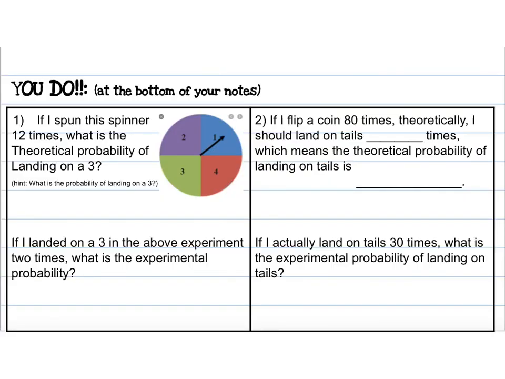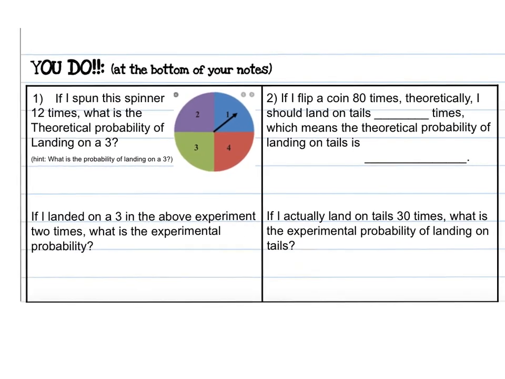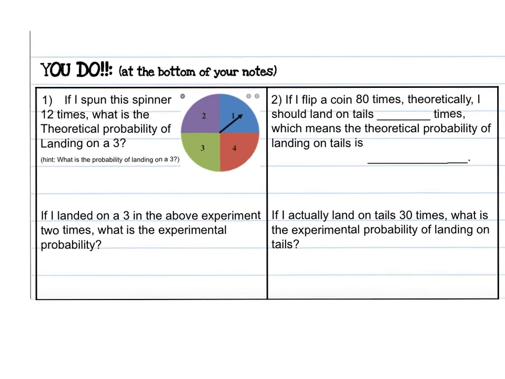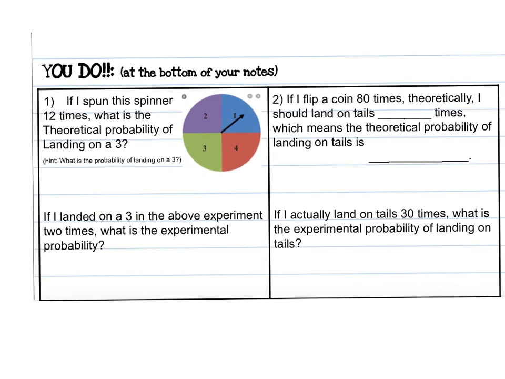So do these at the end of your notes. Remember, please include these in your picture and in your submission. So if somehow you could have your notes and these questions in your submission, that would be great. And then tomorrow, the answers to these questions will be posted.